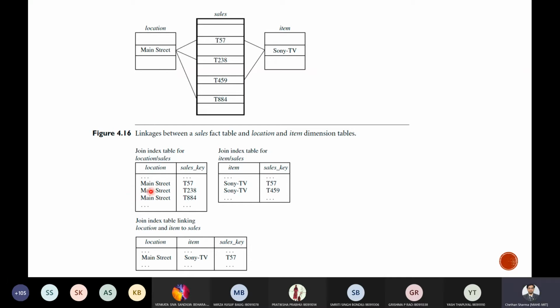As I told you, main street is joining for these three tuples, and there is a linkage, and Sony TV for these two values. This contains everything, like location and item to sales. This is the join table which shows linkage between all three: location, item, and sales. So this is just one small example of how to perform join indexing and bitmap indexing.